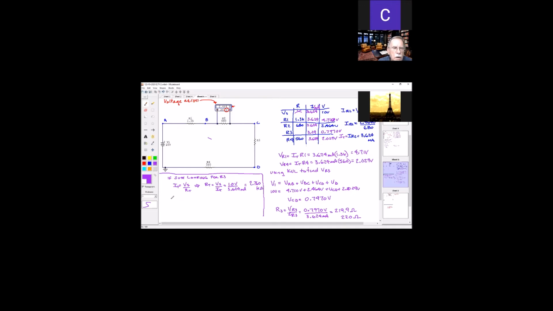So if you take RT is R1 plus R2 plus R3 plus R4, then I'm going to put this in ohms: 2760 is equal to 1300 plus 680 plus R3 plus 560. You should come up with the same R3 is 220 ohms.